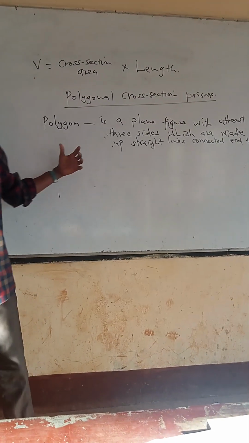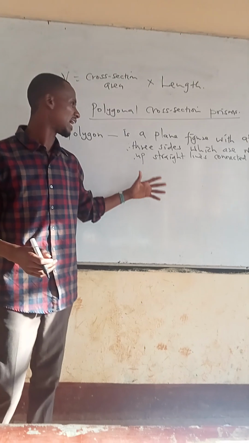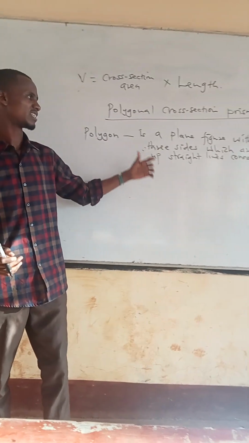So that is what we mean by a polygon. It is a plane figure with at least 3 sides.